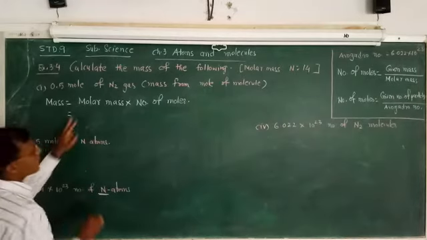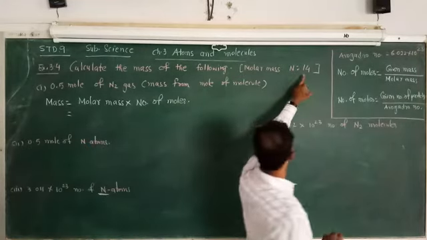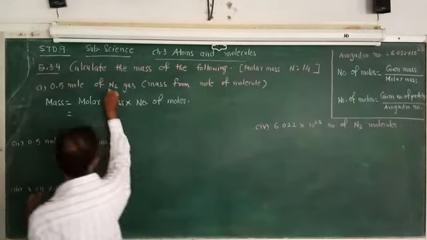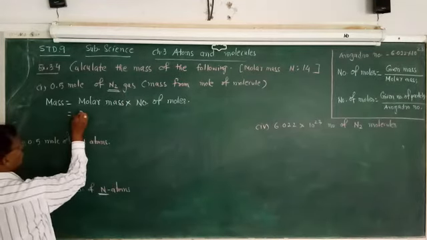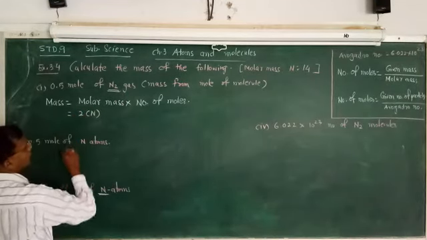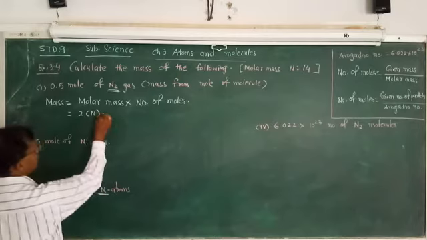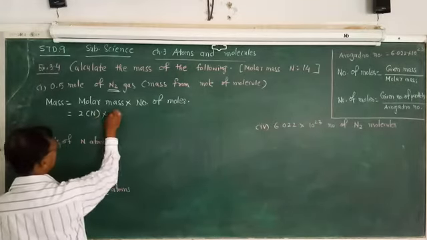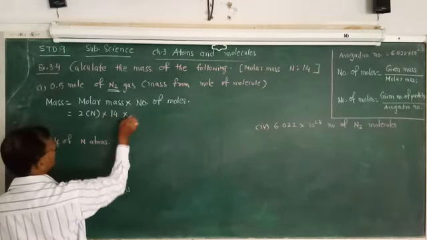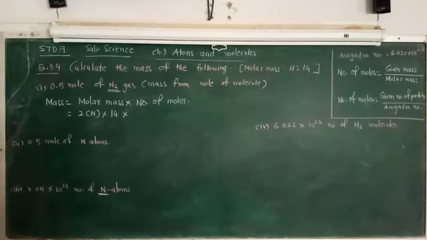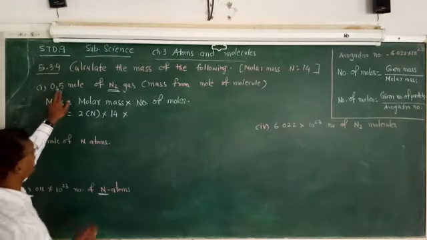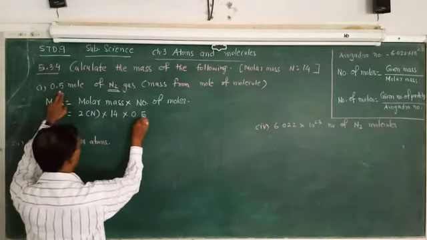What is the molar mass of nitrogen? 14. Here it is N2 gas, so 2 nitrogen atoms, multiplied by molar mass 14, multiplied by number of moles 0.5, which is given.